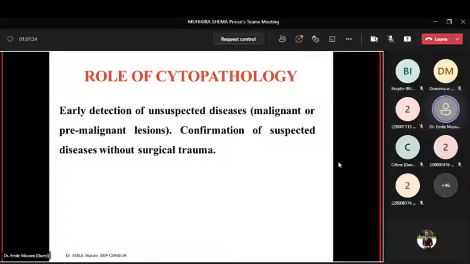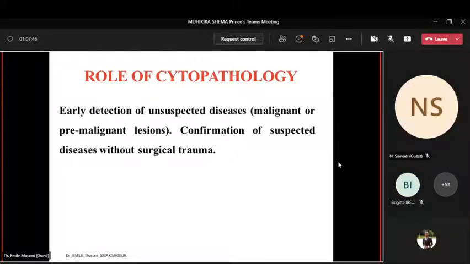For example, I give one example like extrapulmonary TB. When there is enlargement of a lymph node, for that one you aspirate a fluid, then you go for analysis. For this one, most of the time we found it is a tuberculosis.